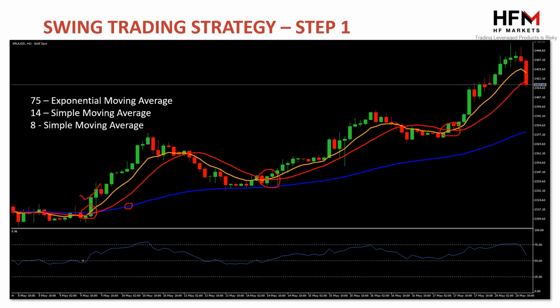Also, when the crossover happens, we're below 50 on the RSI. So we have one indication that the price movement is going to increase upwards. What indication is that? Very simply, the crossover. The yellow has crossed above the red, so the 8 has crossed above the 14 EMA.